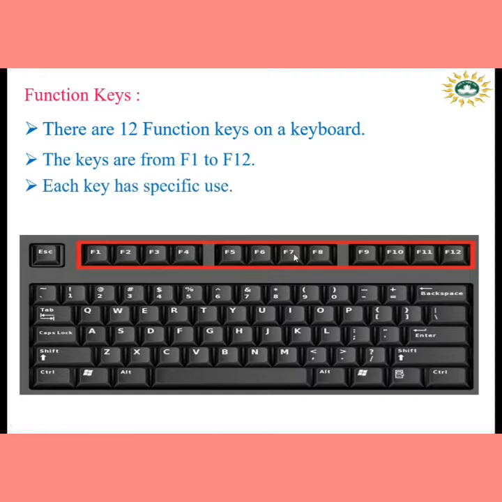That means we use the keys for performing different functions. Suppose F1 is used for performing a specific function, F2 is used for performing another function, this type. So these 12 keys from F1 to F12 are function keys.